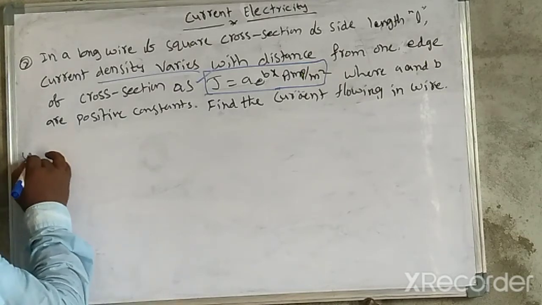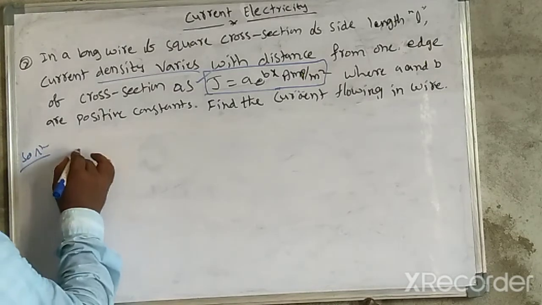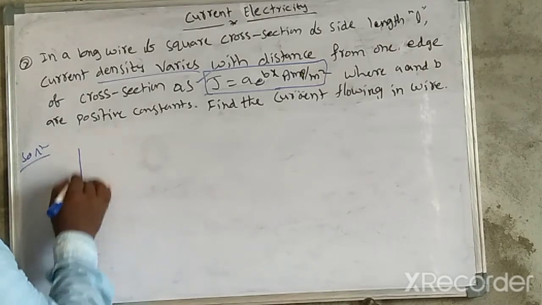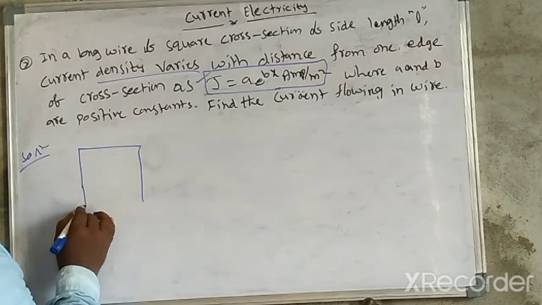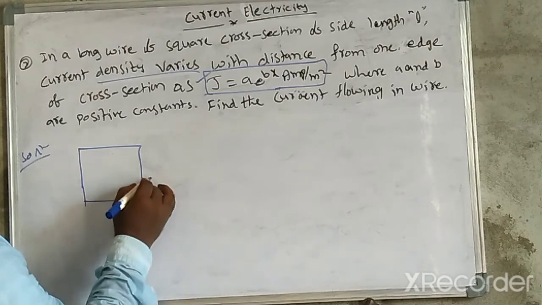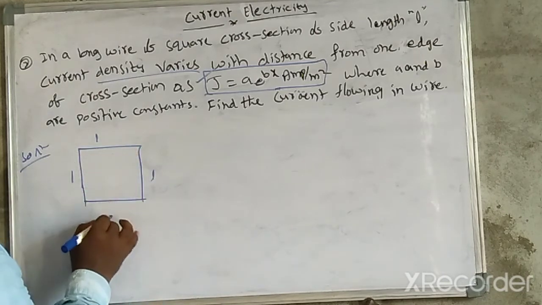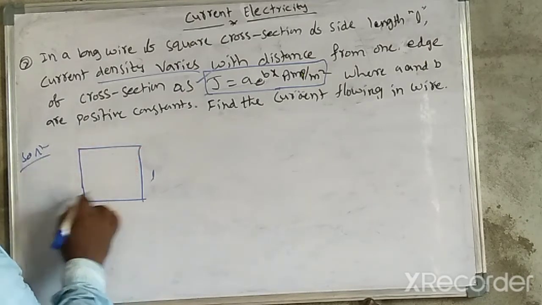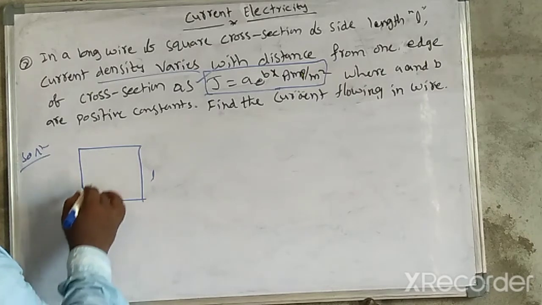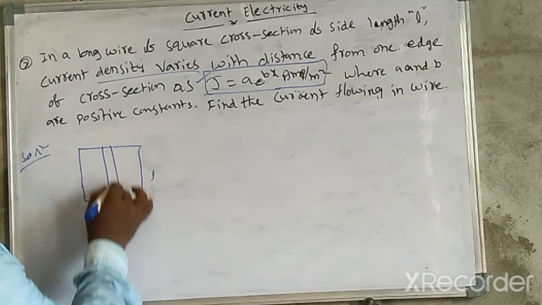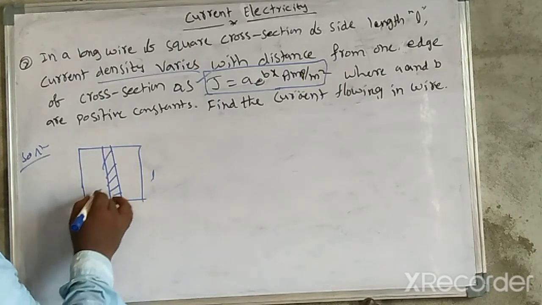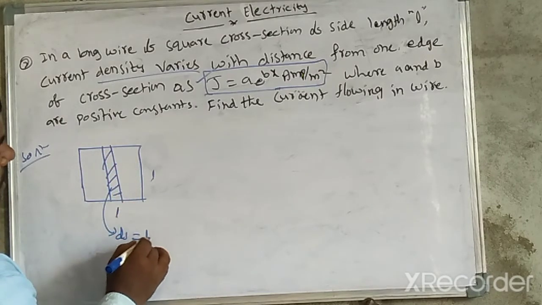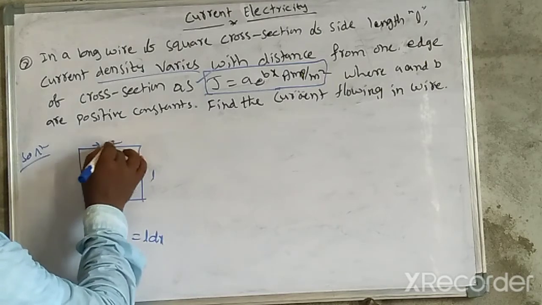According to the question, you may first write down the diagram. Every side has length L. So from one edge, this is the length L. Let us consider a small cross sectional area ds is equal to L into dx, because this is the width.